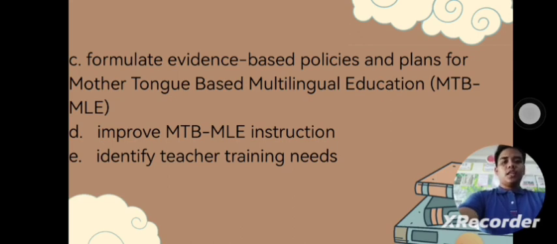Then E is identify teacher training needs. So you can also assess what are the things that we need to improve on as teachers, like giving instructions, or many others.